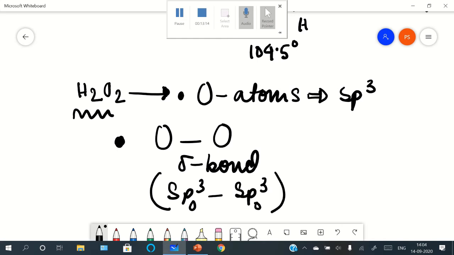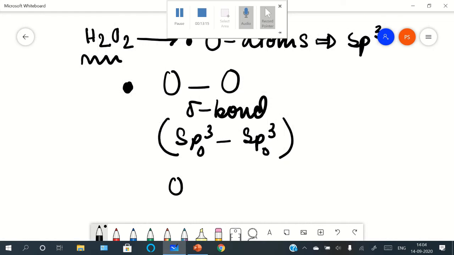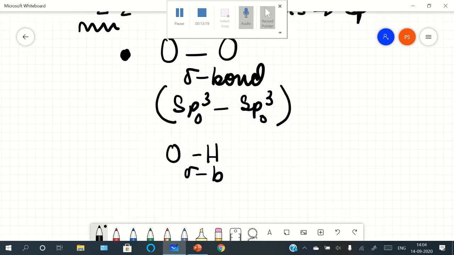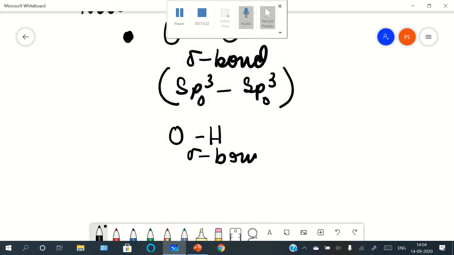And there are two oxygen-hydrogen bonds, which are also sigma bonds, formed similarly to water: the sp3 hybridized orbital of oxygen combines with the s orbital of hydrogen.